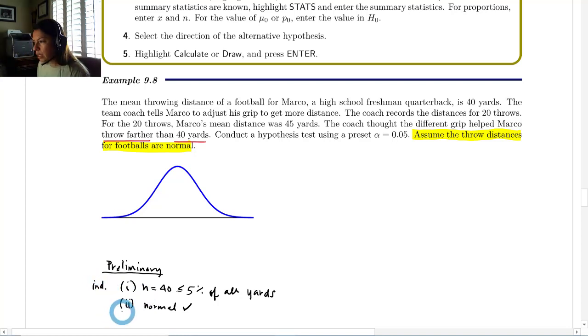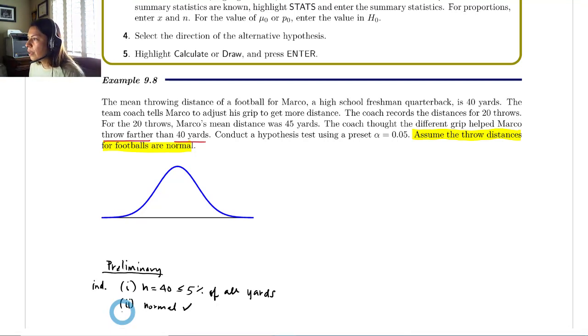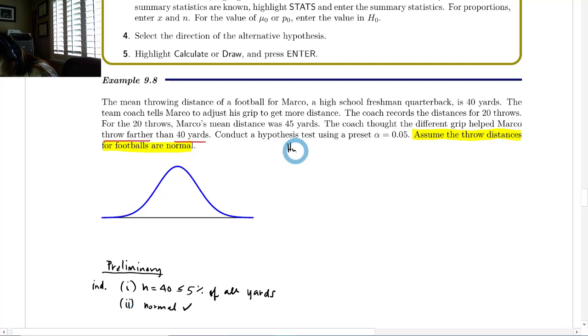That's really nice. To follow the steps above, the first thing we do is determine the null and alternative hypothesis. So let's go to the hypothesis test.